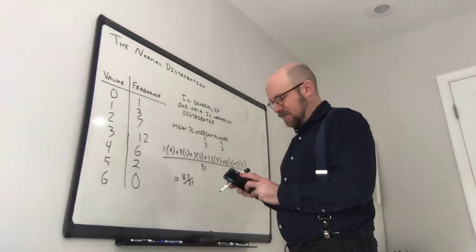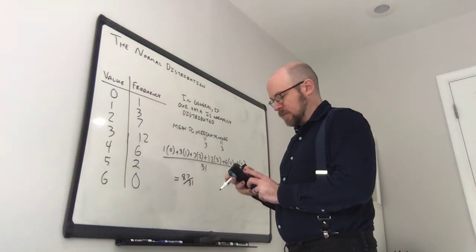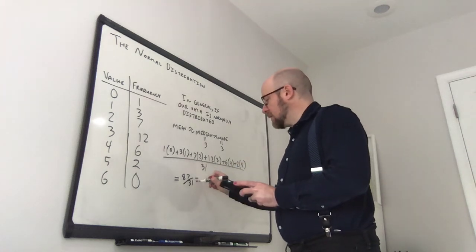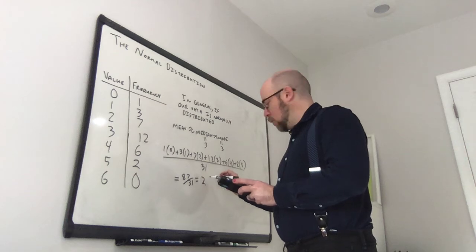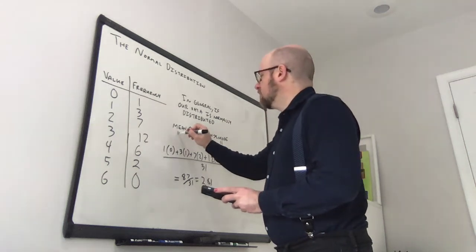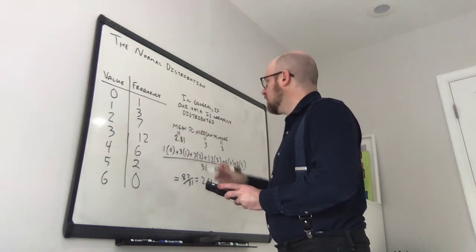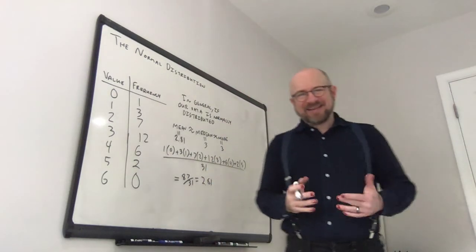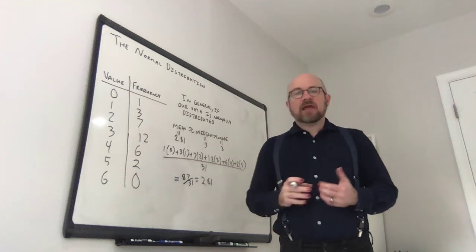If we calculate that real quick, it is 2.81. Okay, so the mean is 2.81, the median is 3, the mode is 3. They're pretty close together. Like I said, not exactly, but fairly close.